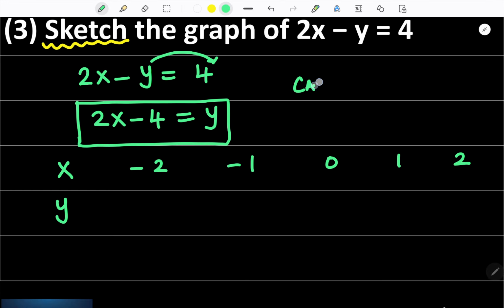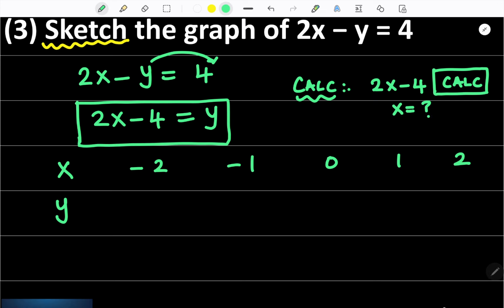So you take your calculator, all of you, and type the equation 2x - 4. Then press the button CALC. When you press CALC, the calculator will ask you x equals question mark. Put x equal to -2 and then press the equal sign. You will get -8.